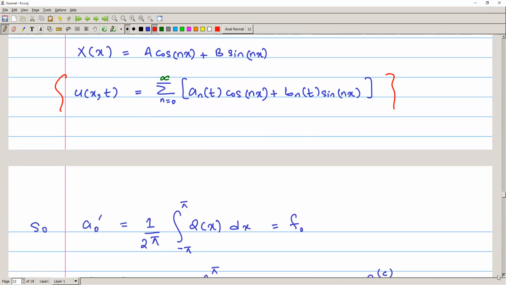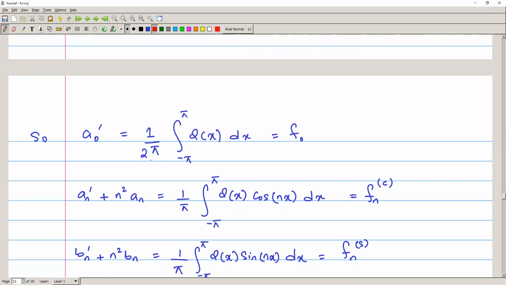Now for a_0', we know that a_0' will be equal to 1/(2π) times the integral from -π to π of q(x) dx, which is equal to f_0. So this will be f_0, and then a_n' + n² a_n is equal to 1/π times the integral from -π to π of q(x) cos nx dx.